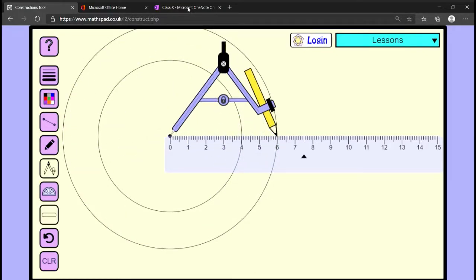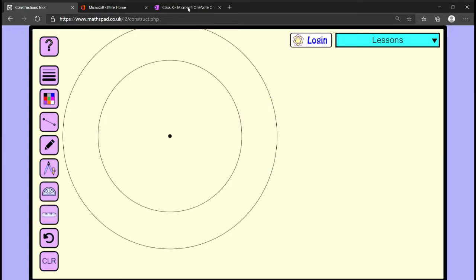We want to draw a tangent to the smaller circle whose radius is 4 centimeters. If we want, we can just mark that this is the radius of the smaller circle and this is the radius of the larger circle. This is 6 centimeters and this is 4 centimeters.